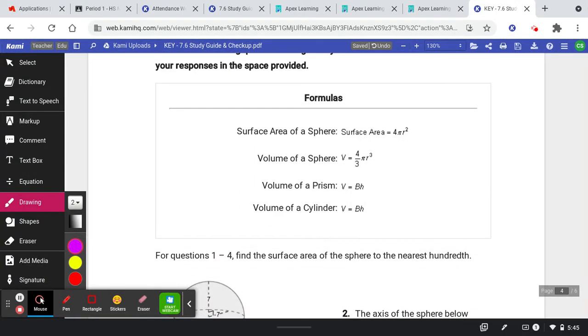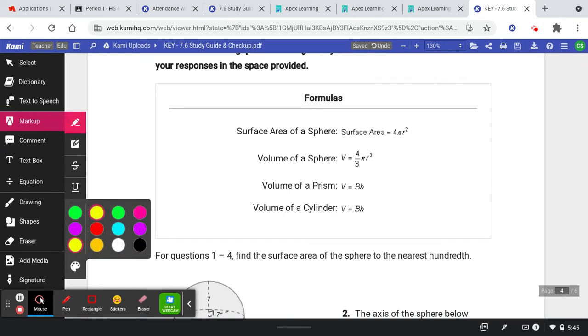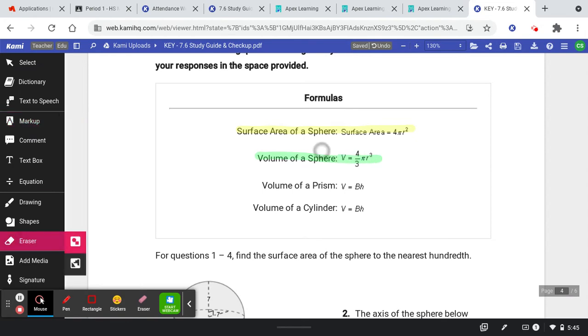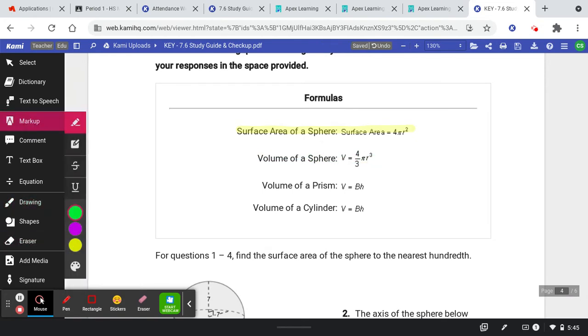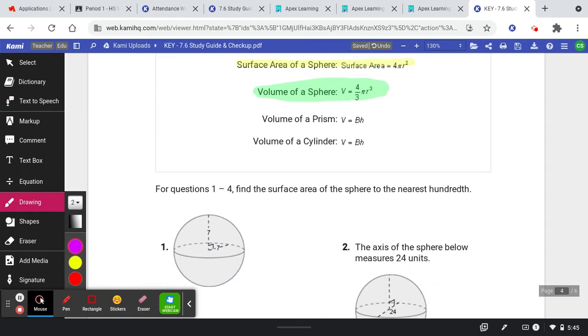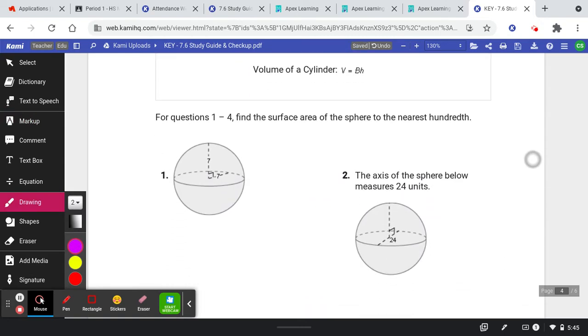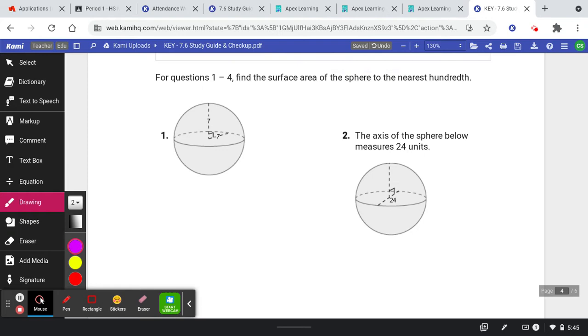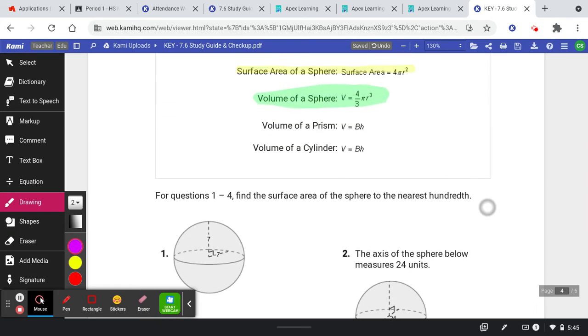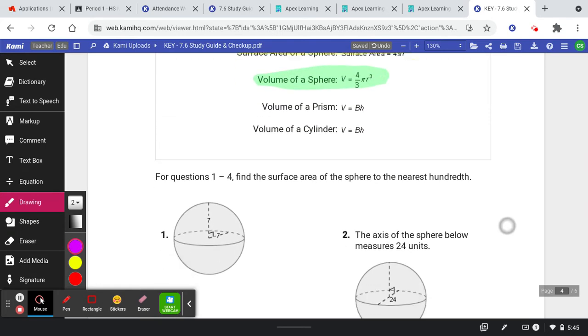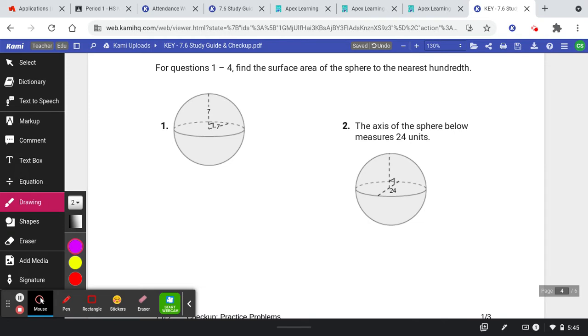All right, let's practice with the yellow and the green formulas. Okay. Also, it's giving us volume of a prism and volume of a cylinder. Okay, so for the first one, we're being asked to do the surface area of a sphere. So remember to go look up here. It's the one that's 4 times the area.